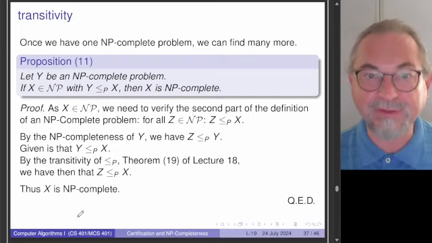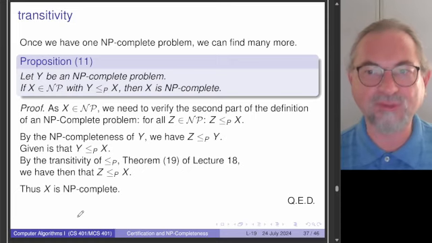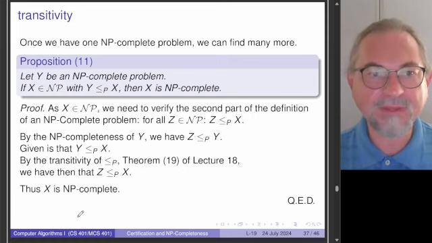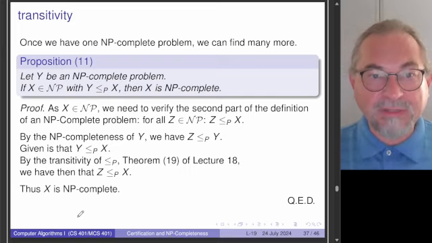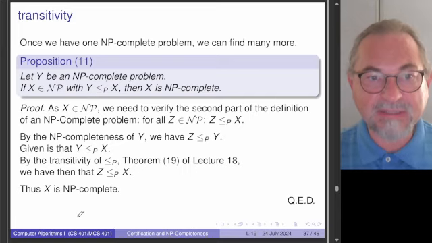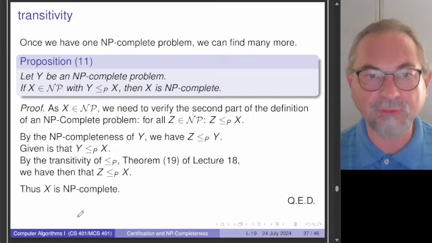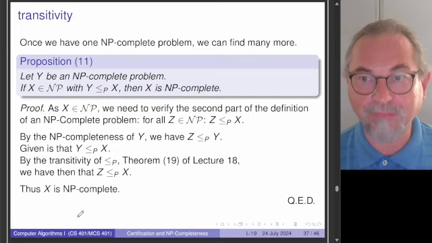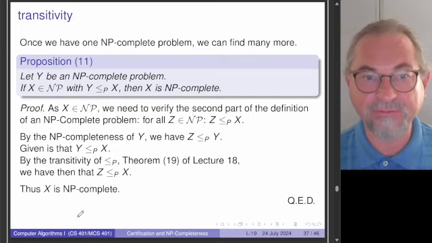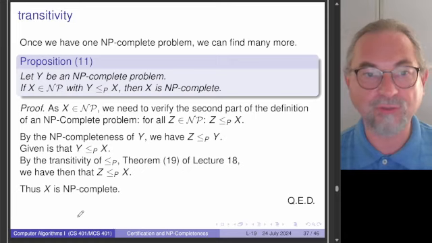So let's prove it. The proof is important always to make us reflect on why it is true. So let's go through the proof. If X is in NP, what we need to do to prove that X is NP complete is to show that every problem for which we have an efficient certifier can be reduced to that problem.